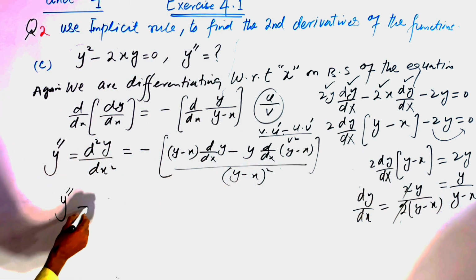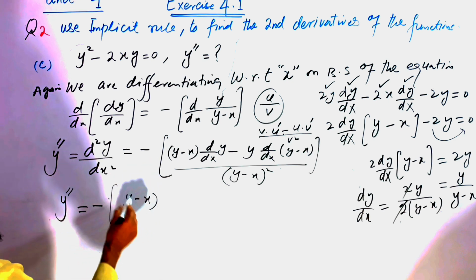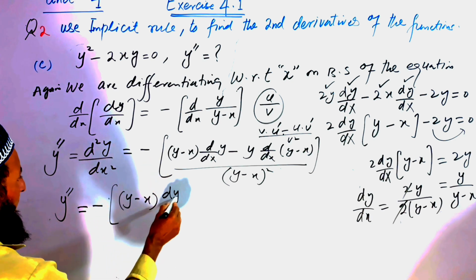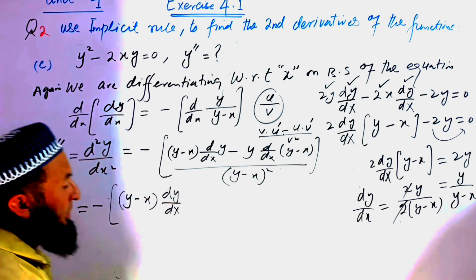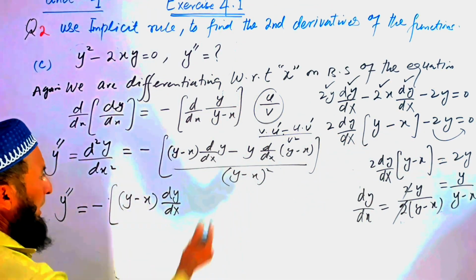y double dash is equal to minus y minus x dy by dx. We put in this result, or we take dy by dx common.